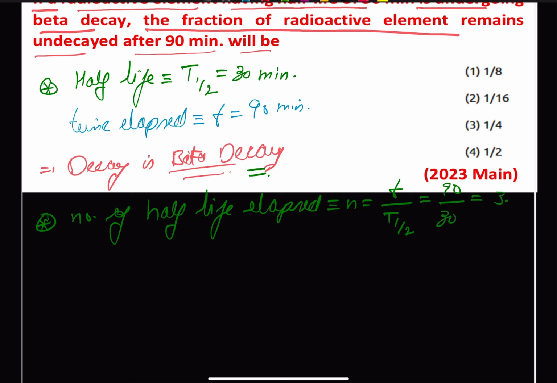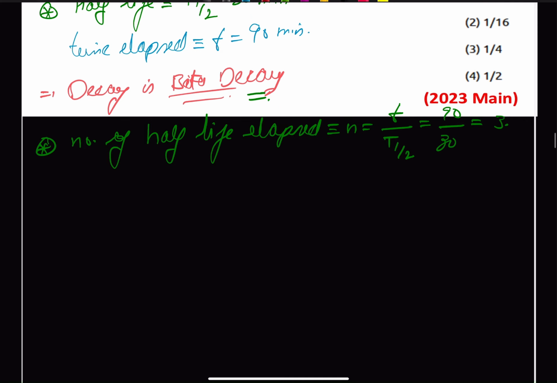So it means there will be a total of 3 half-lives for this 90 minutes. And from here we can find out the fraction remaining undecayed.